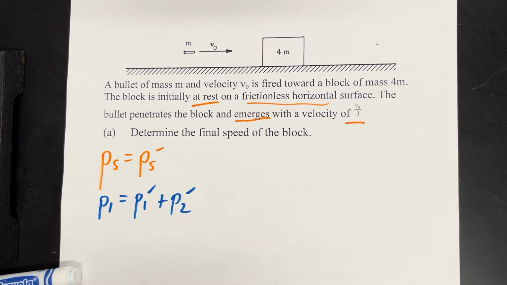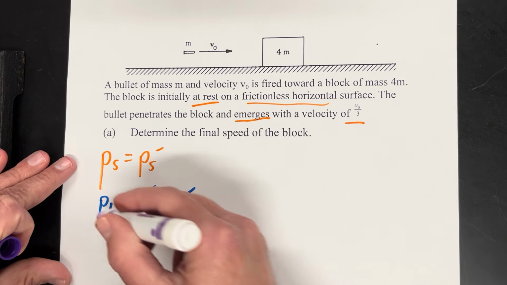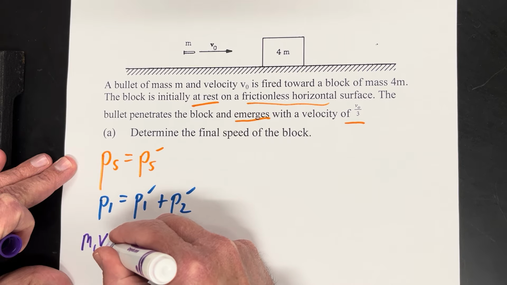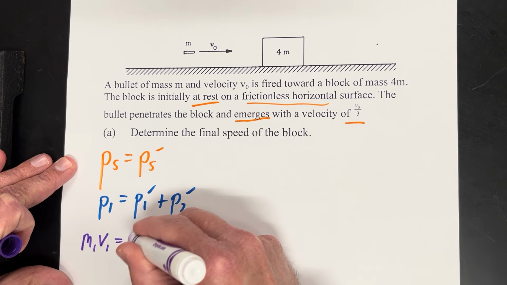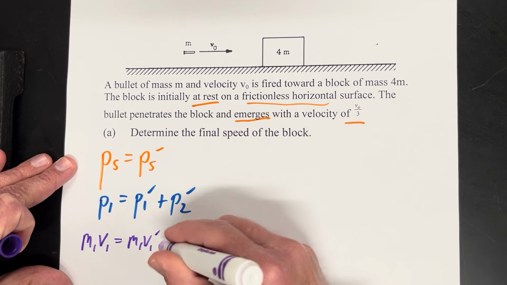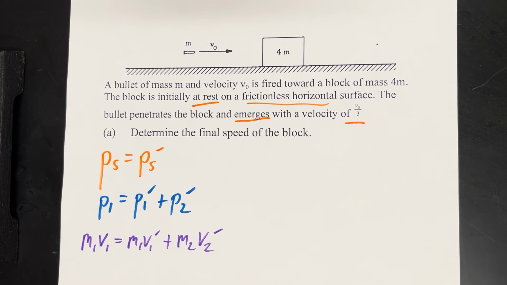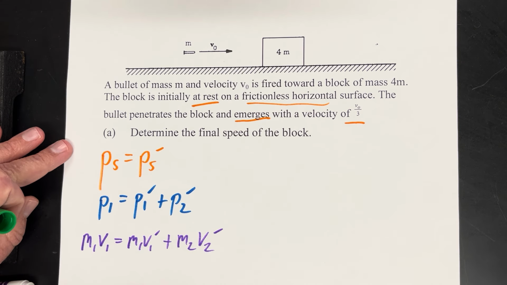Next, let's fill in the equation for each of these. The mass of object 1 times the velocity of object 1 beforehand is equal to the mass of object 1 times its velocity afterwards plus the mass of object 2 times the velocity of 2 afterwards. Now let's fill in specific numbers.